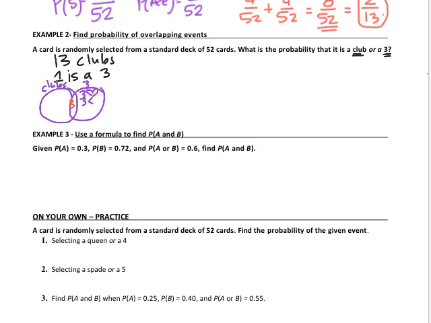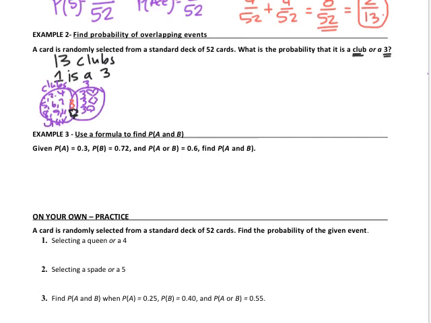There's the 3 of diamonds, and there's the 3 of spades. And then, of course, all of the clubs: ace, 2, 4, 5, 6, 7, 8, etc. And then we have jack, queen, king also. And the only thing that is the same for both groups is that 3 of clubs. So I should probably draw, this is the 3 of clubs. That's not a really great picture of a club, but you can get the idea.